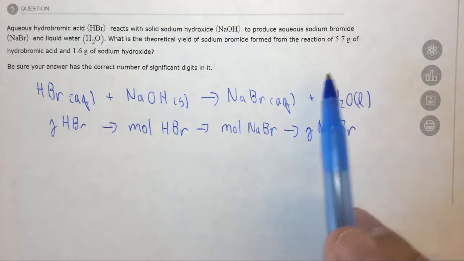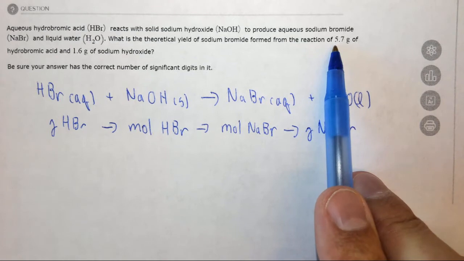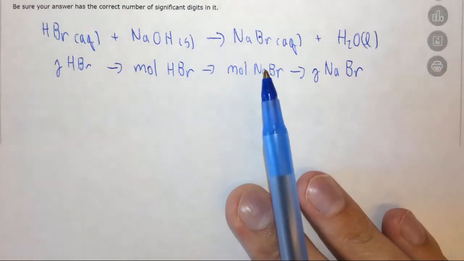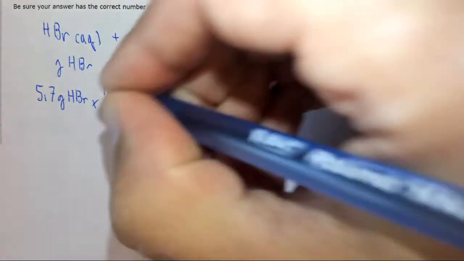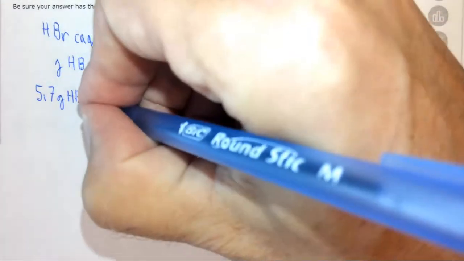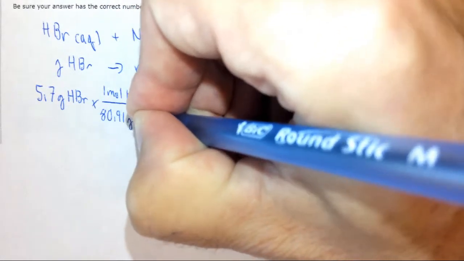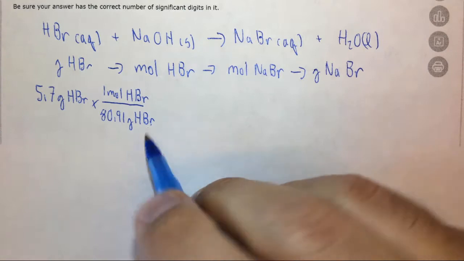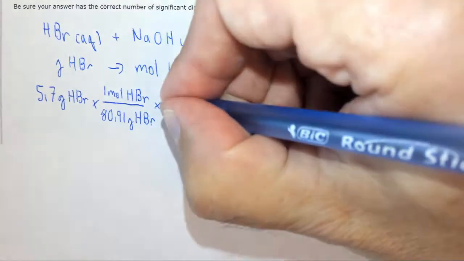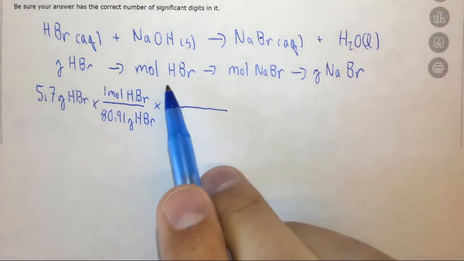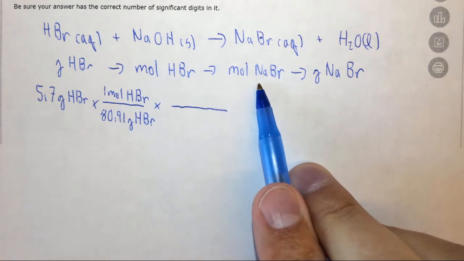So in this case, we're starting with 5.7 grams of HBr. So starting with 5.7 grams of HBr times 1 mole of HBr on the top, the molar mass of HBr on the bottom, which is 80.91 grams of HBr, which was found by just adding H and Br from the periodic table, their masses, times, now we need to go from moles of HBr to moles of NaBr.